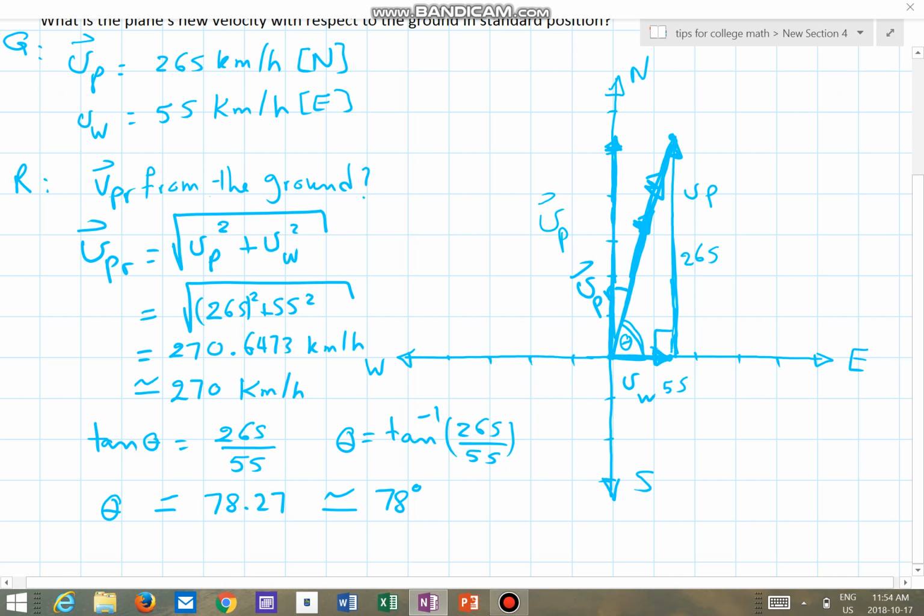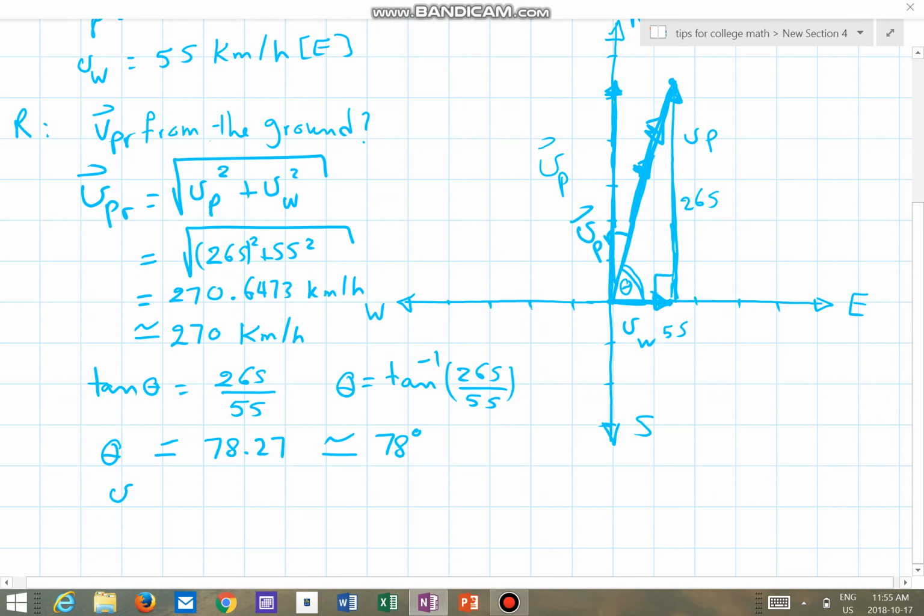So in this case, I will say my VP relative, which is the final answer, is 270 kilometer per hour and direction. Okay, so that's 78 degrees from where to where? North of east. North of east.